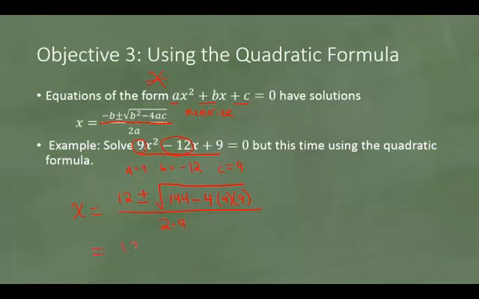So we have 12 plus or minus the square root of 144 minus 4 times 9, which is negative 180, all over 18.